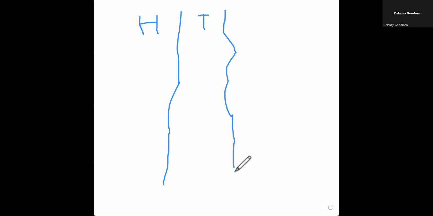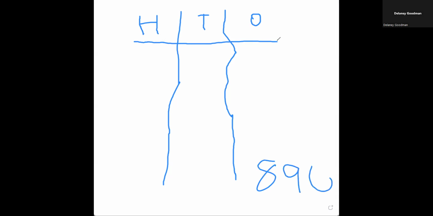We have the hundreds place, we have the tens place. Sorry, guys. And we have the ones place. When we look at our number, we have a total population of 896 students at Alfred Elementary School.